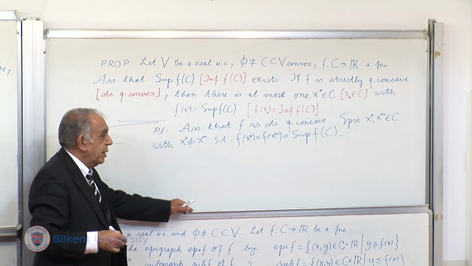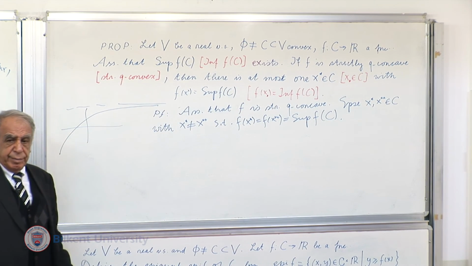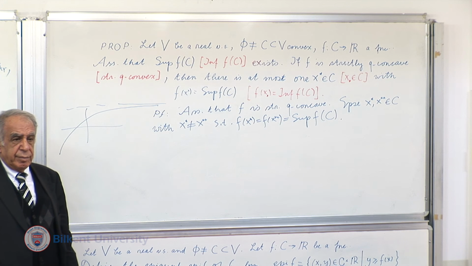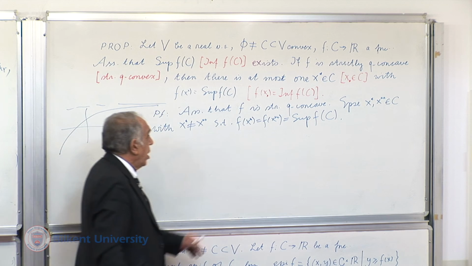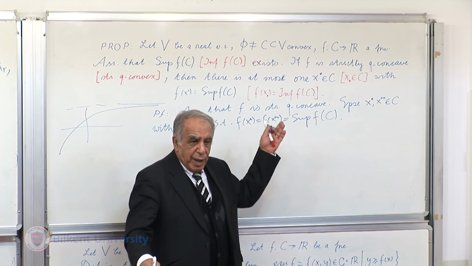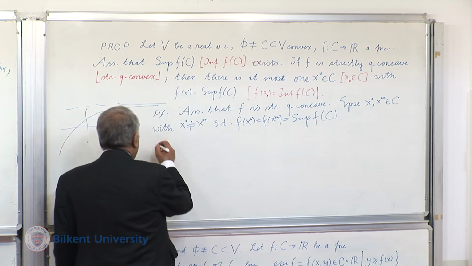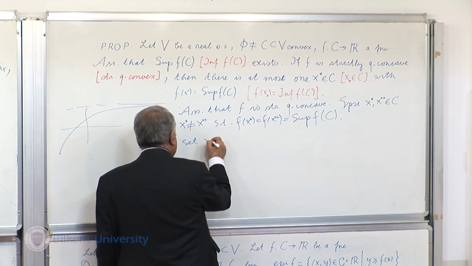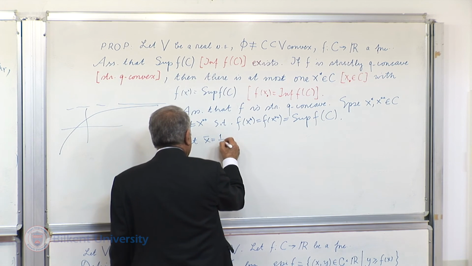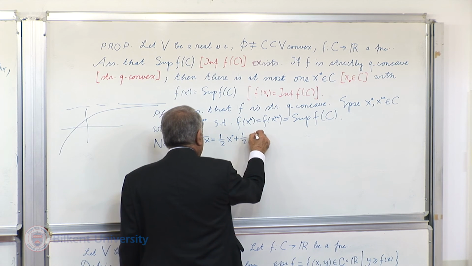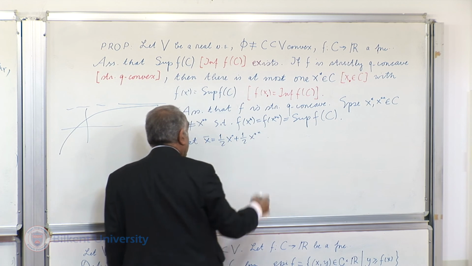How would that lead to a contradiction? Just take a combination of these, well, say with 1/2. Now set x bar equal to 1/2 x star plus 1/2 x double star.